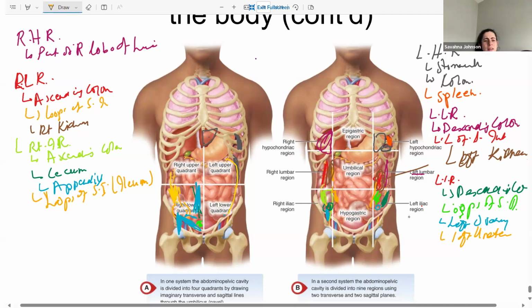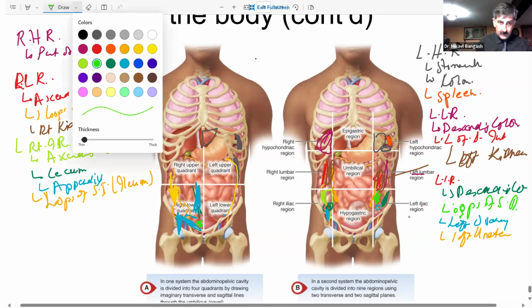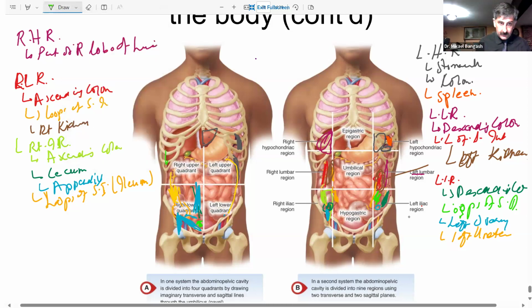Professor, what does it say under the right hypochondriac region? Part of the right lobe of your liver. Oh, okay, thank you. This whole fellow here, this big dude here, that's your liver.